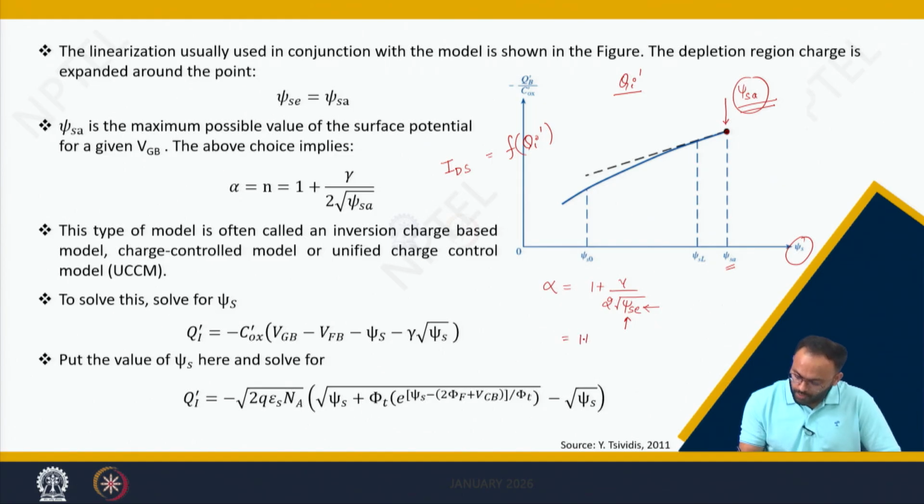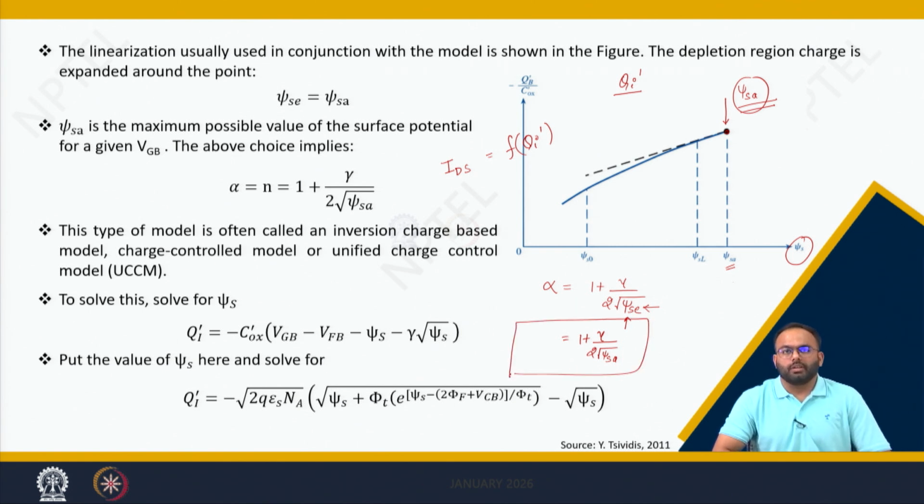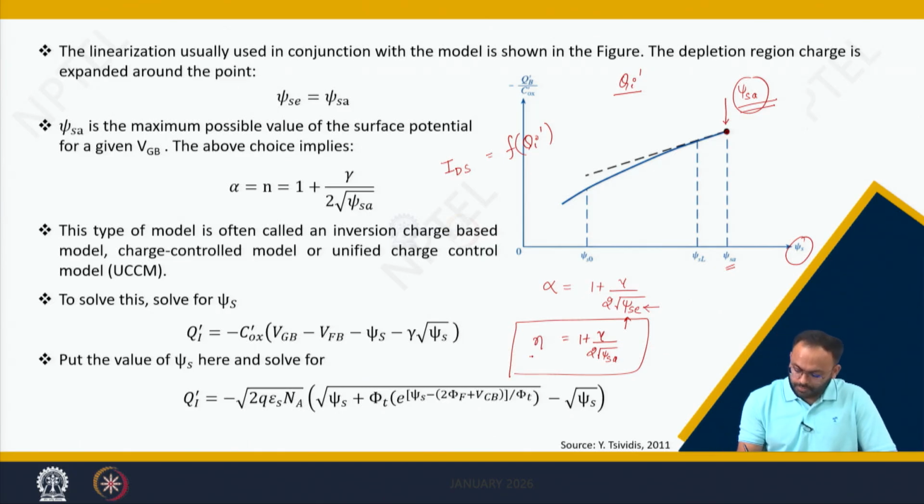So this can be 1 plus gamma divided by 2 times root psi sa. If you remember our module 2 and module 3, we discussed that this is nothing but n, where n is the slope factor which defines how my surface potential and the gate voltages are related.